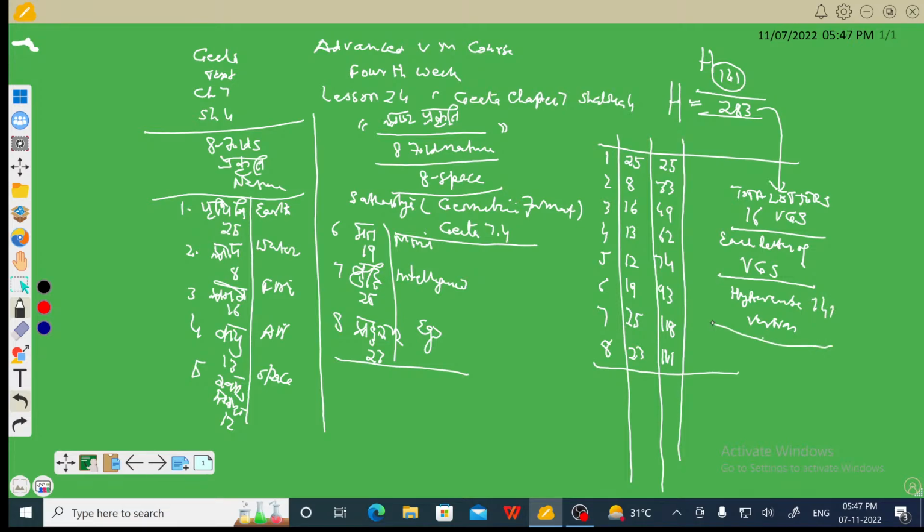It is this Sathapatya, it is this geometric format which is to be glimpsed and is to be imbibed if we want to be parallel with the geometric format.